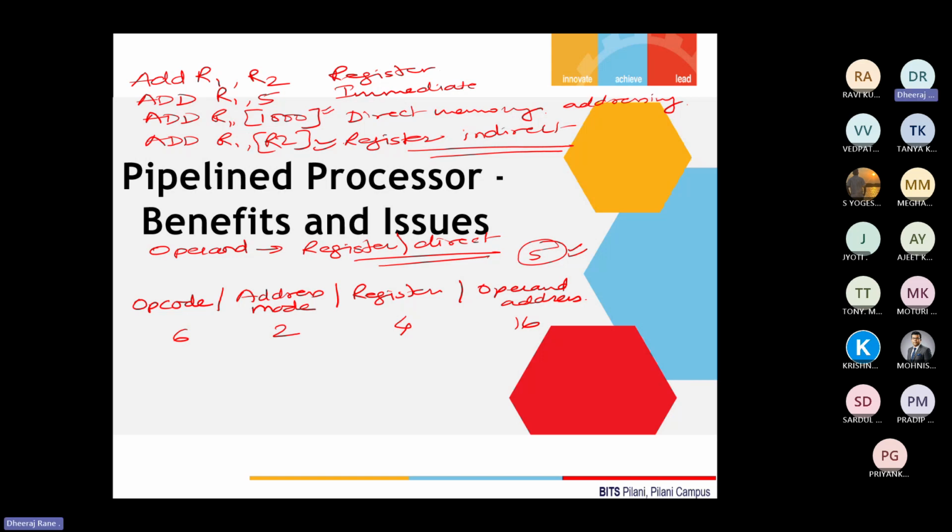Now, if we are trying to do this for immediate addressing mode, I may write the opcode corresponding to add. For the time being, just assume it is 001011. So that is 6 bits. For immediate addressing, the addressing mode will be 00.